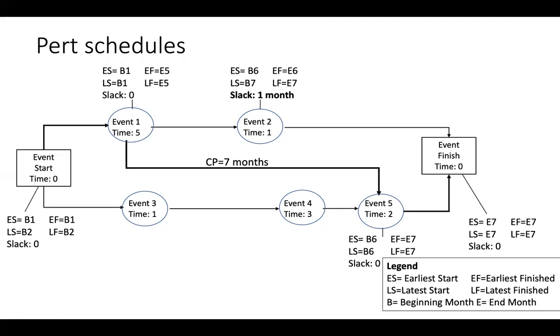If we put in the figures for events 3 and 4 in a similar way, we will see that the slack is 1 month for event 3, just as for event 4.